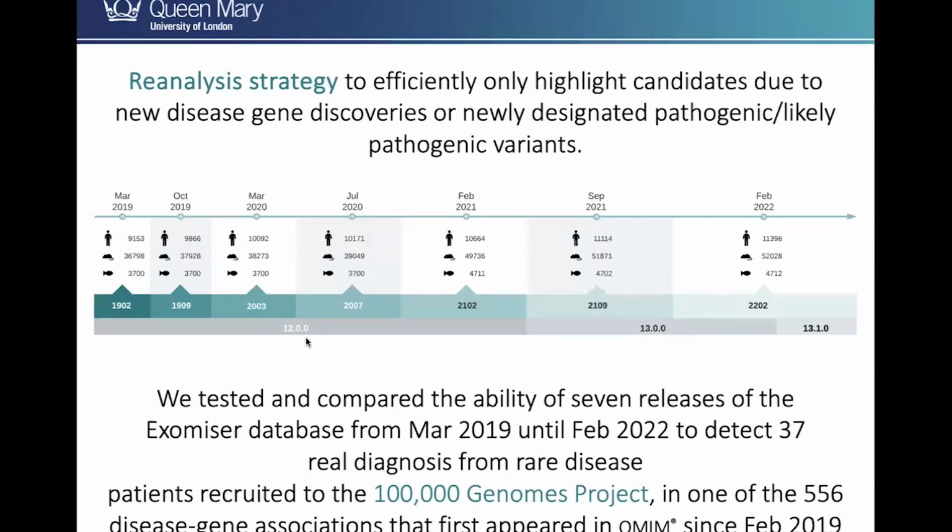So we tested and compared the ability of 7 releases of Exomiser databases, from March 2019 until February 2022, to detect 37 real diagnoses from rare disease patients recruited to the 100,000 Genomes Project, for which the diagnosis was in one of the 556 disease gene associations that were first discovered in OMIM since February 2019.